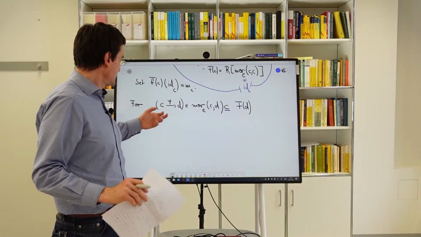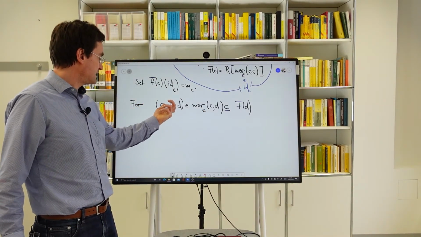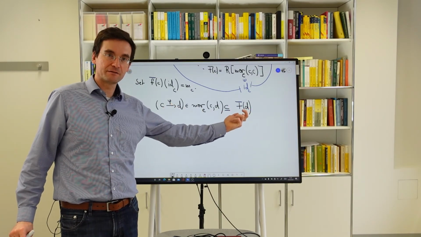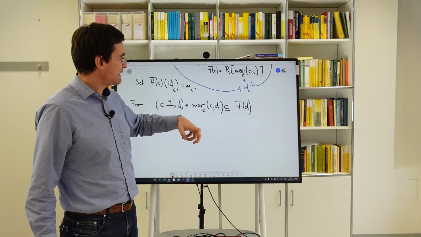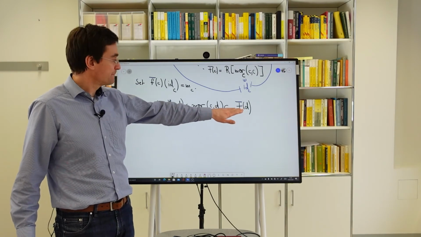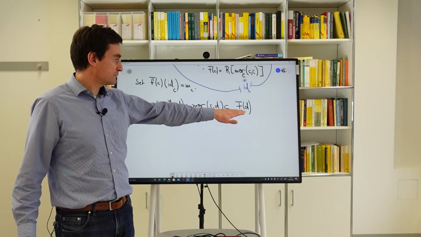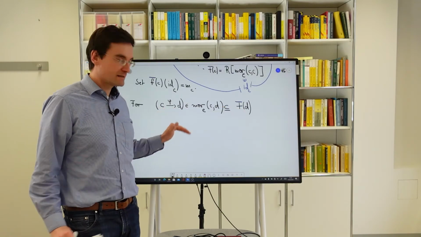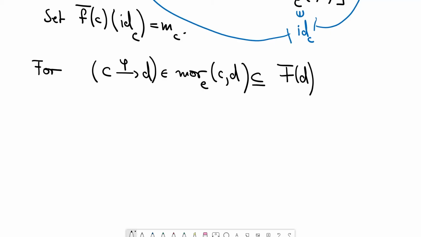So now this is an arbitrary basis element of FD as an R module, and I want to define F bar D, and therefore I have to tell you, what does F bar do to such a basis element? Well, it does the following.